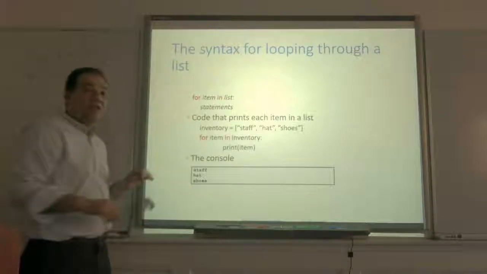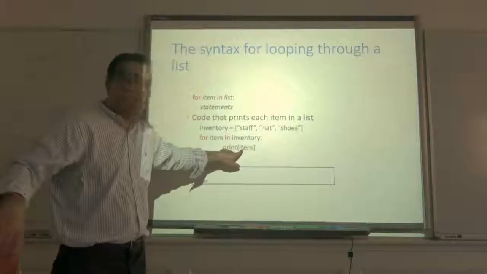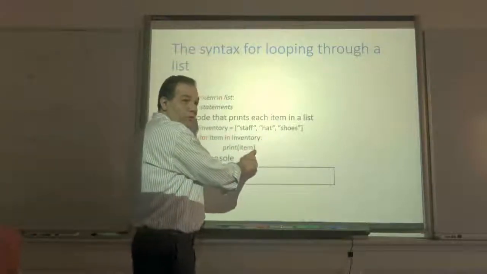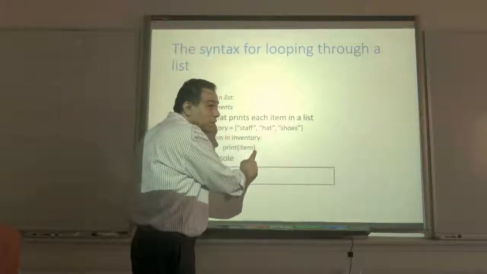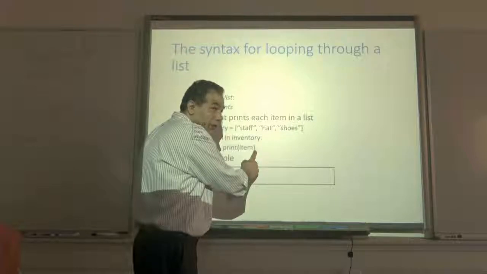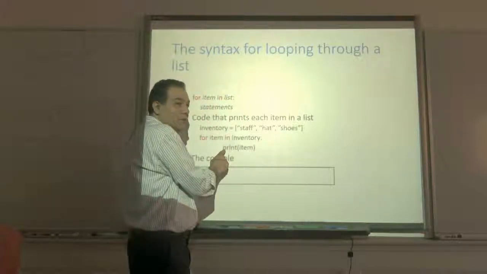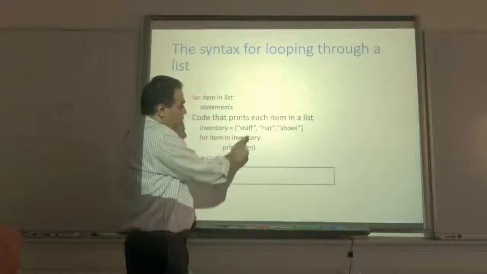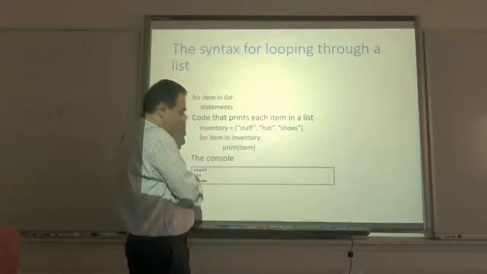If I need to print them on the same line with a space, what should I do? Let's review from last class. Separator equals space, or end. End equals space. Why? Because it will be called 3 times. Usually when it prints the item, the end is by default a new line. That's why we have a new line.